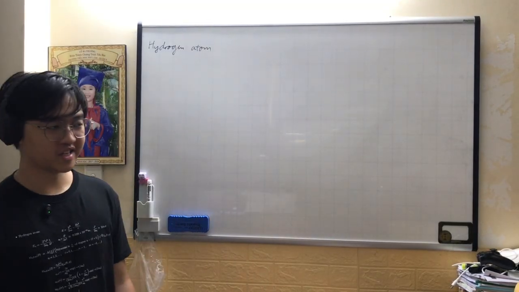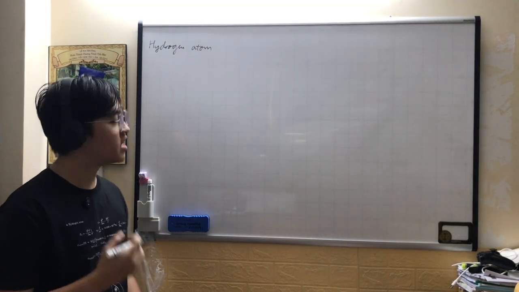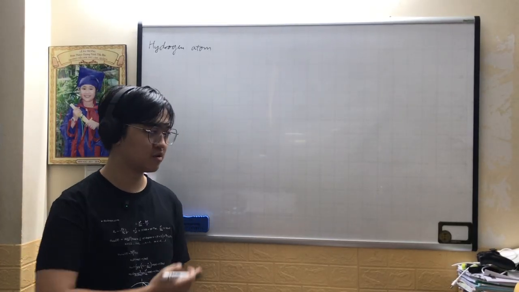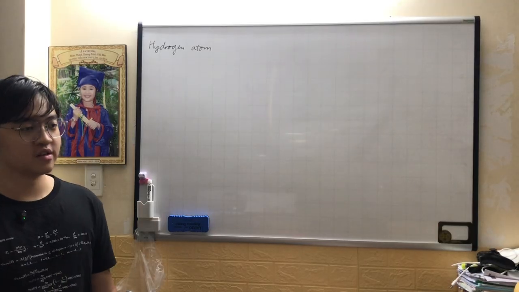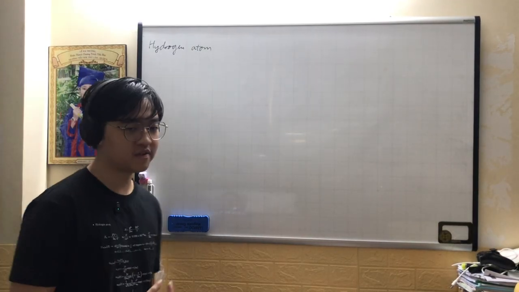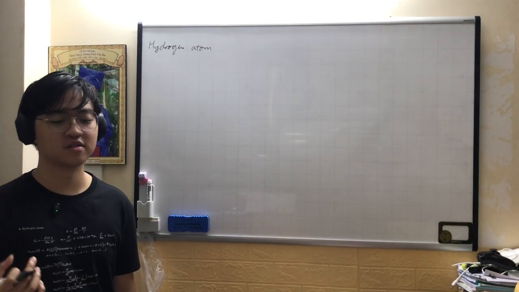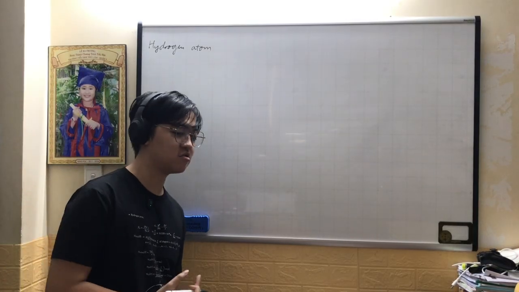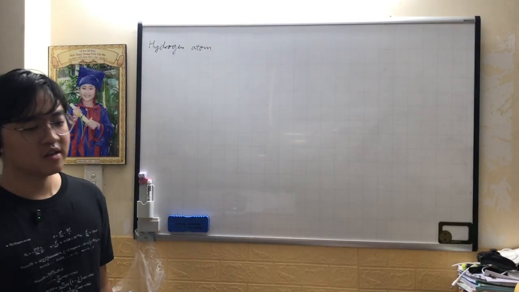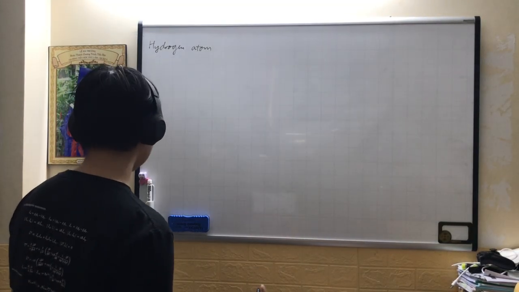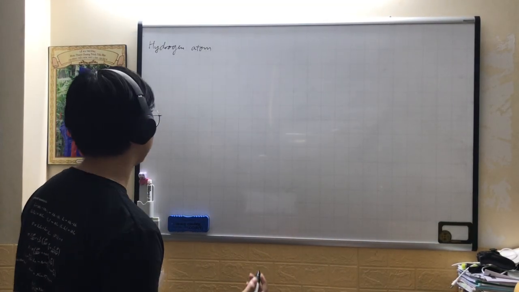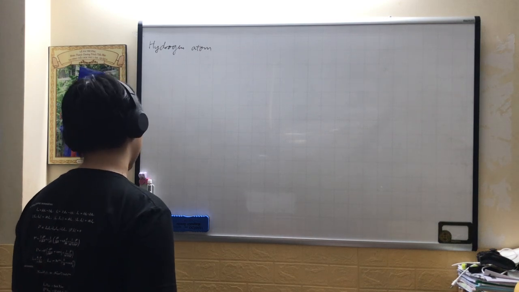Today we're gonna continue to talk about the hydrogen atom, and this time we're gonna try and get a grasp of the energy to see how it's gonna be calculated, how it's gonna look like. Let's start by introducing our relative mass and our center of mass.